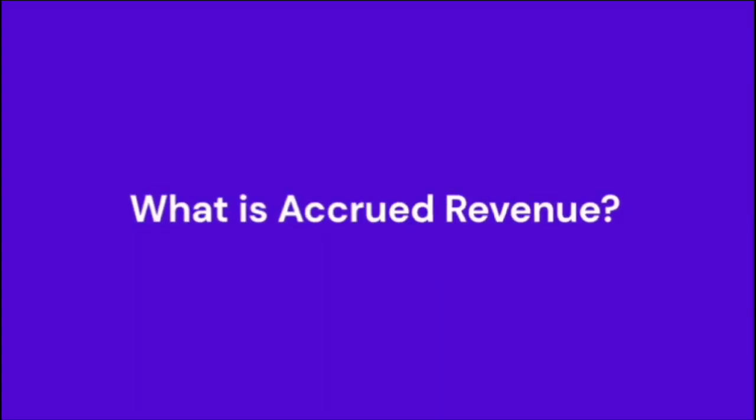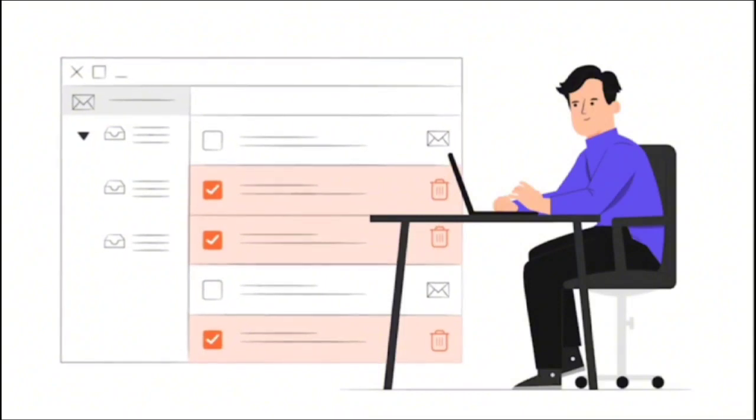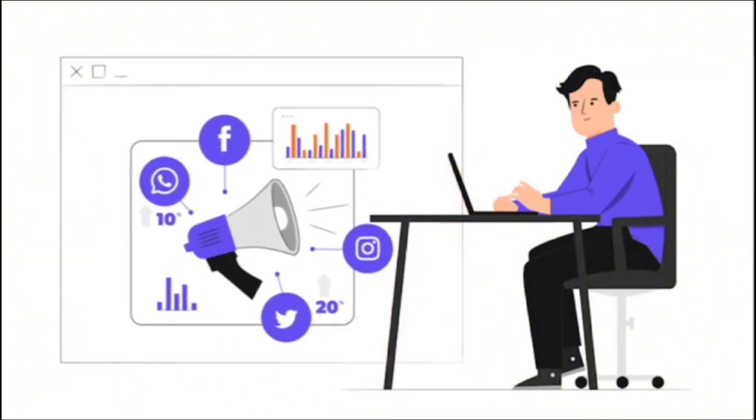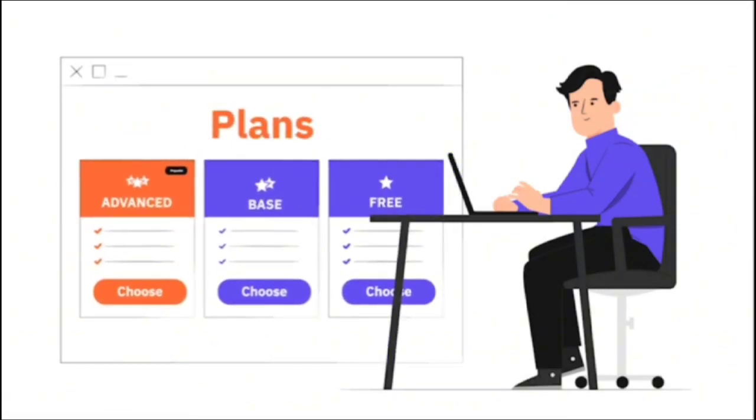Accrued revenue is money that you're owed for a product or service that you've already provided. This means you record the payment at the point of sale, even if the money isn't in your bank account yet. Let's use an example to demonstrate how it works. Imagine that you're in charge of an email marketing software. Customers use it to manage all of their email campaigns. They pay a monthly fee for the base plan. After using the software for a few months, some customers decide they'd like some advanced scheduling features to up their marketing game.